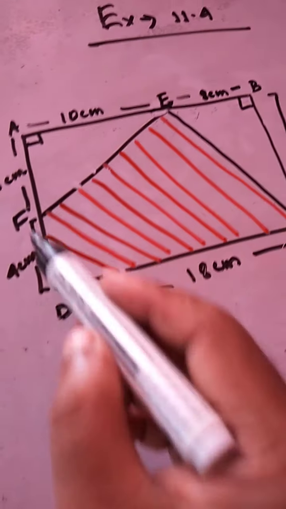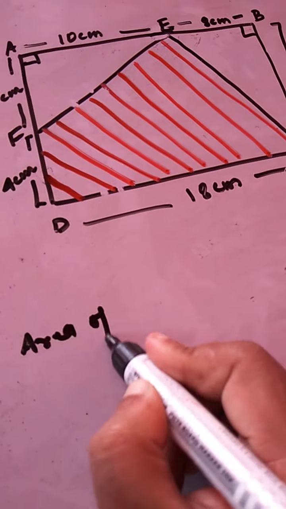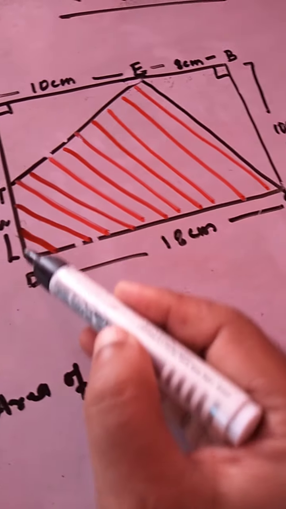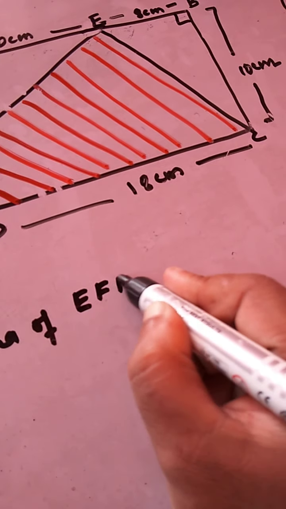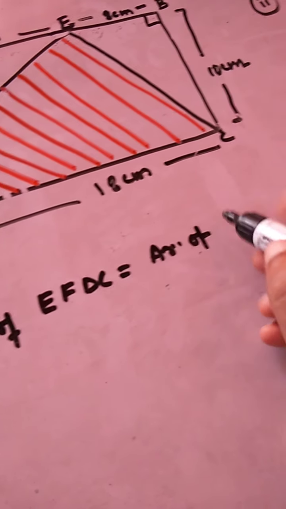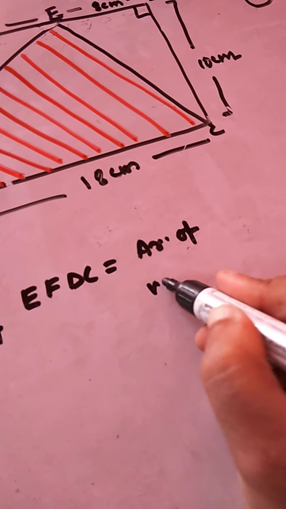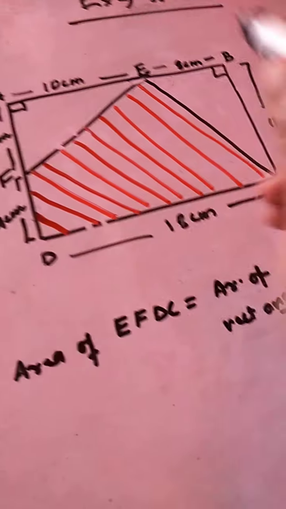Now how to get this area? You will write it down. Area of EFDC is equal to area of rectangle ABCD.